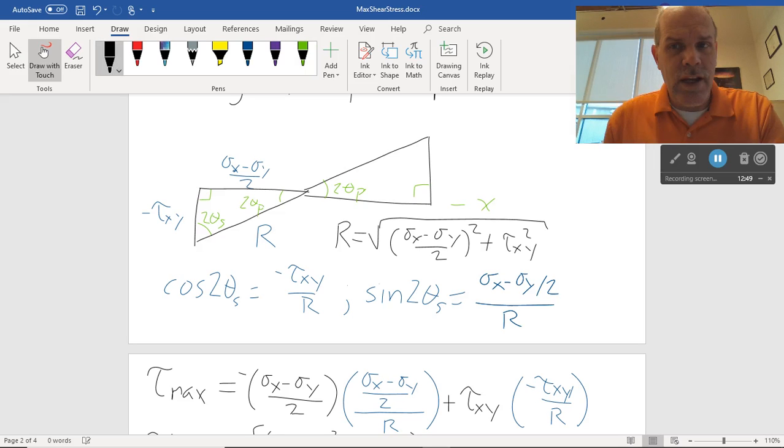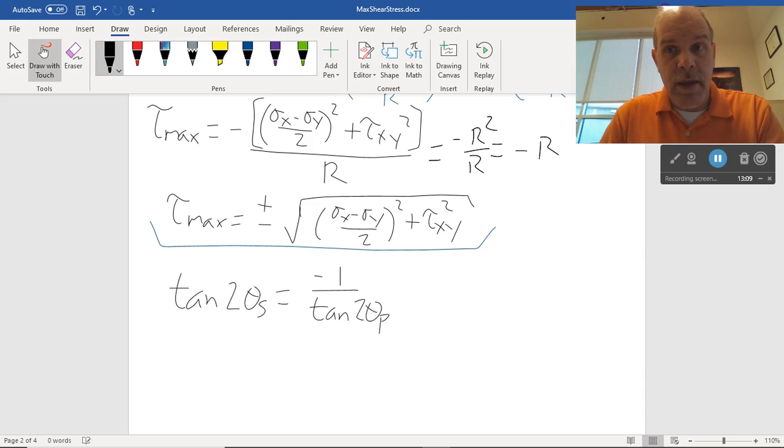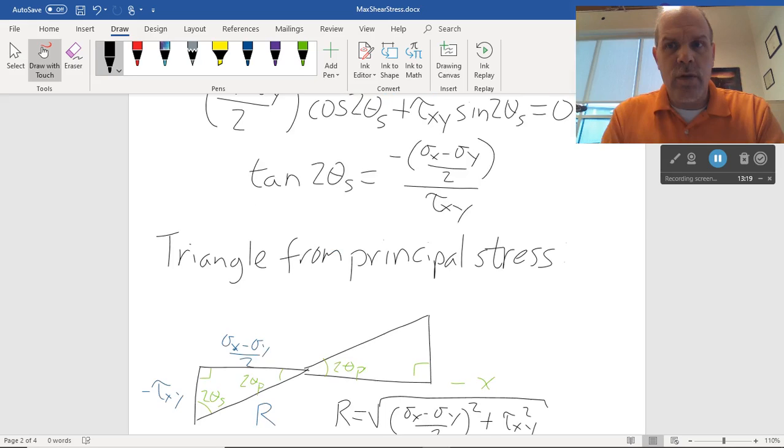Let's go one more step than that, okay? If you look carefully at that tangent of 2 theta s, you'll see that's actually equal to negative 1 over the tangent of 2 theta p. When we had theta p last time, its tangent was equal to tau xy divided by sigma x minus sigma y over 2. Well, I've got negative 1 over that now.